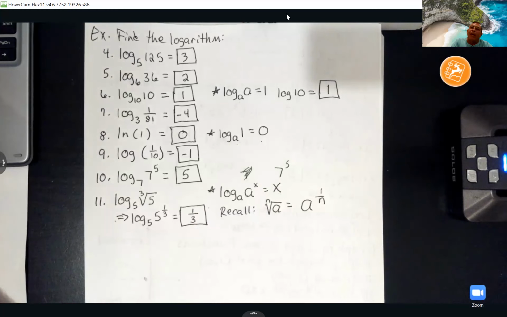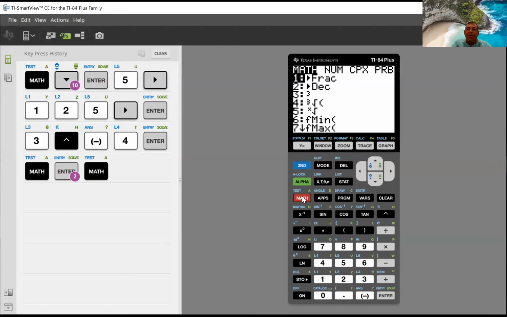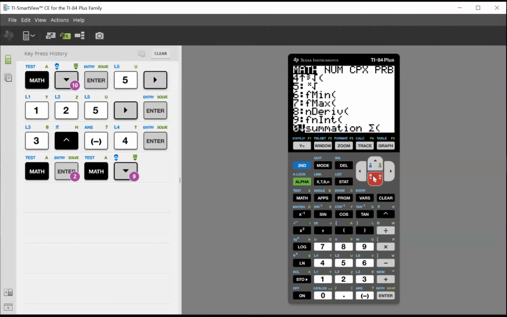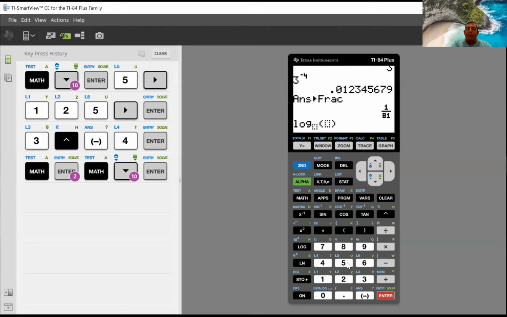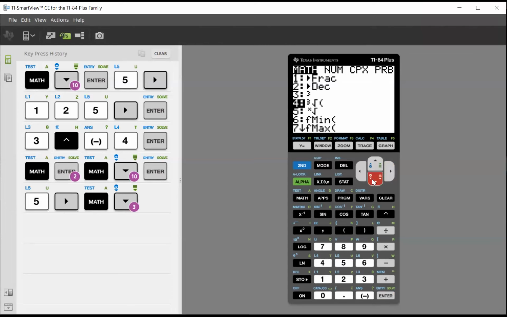But watch this. We have a powerful calculator here. I'm going to go to math and arrow down to log base. Hit enter. My base was a 5, and then I had a cube root of 5. If I hit math again, look at number 4. Number 4 is a cube root.